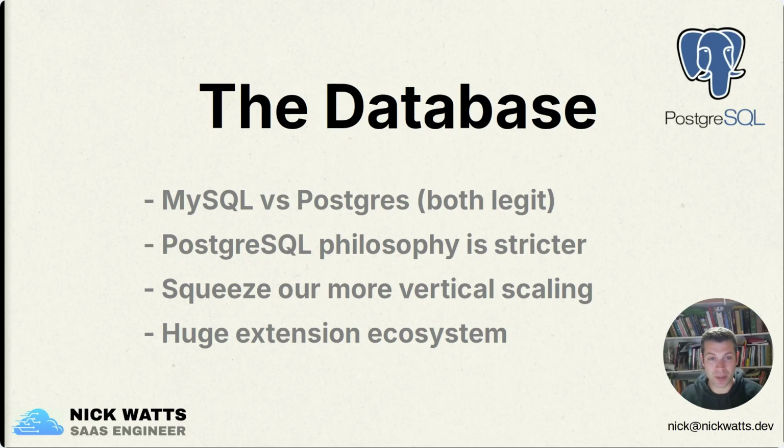The data in your database is an asset. When someone comes to buy your company, a significant part of what they will be wanting to buy is the data in your database, the list of stuff about your customers and what they've been doing using your software. The data is worth something. And so for that reason, I want to pick something absolutely dependable.